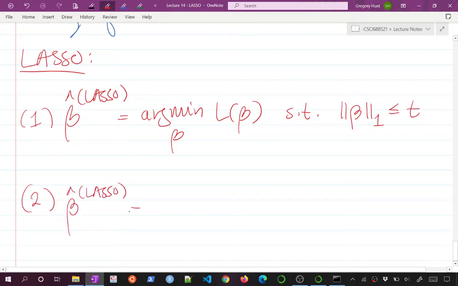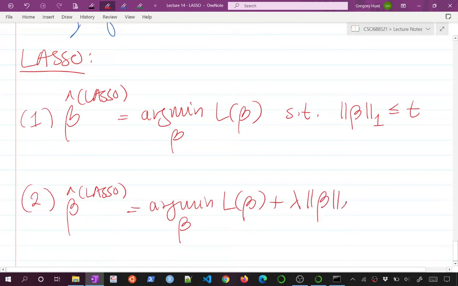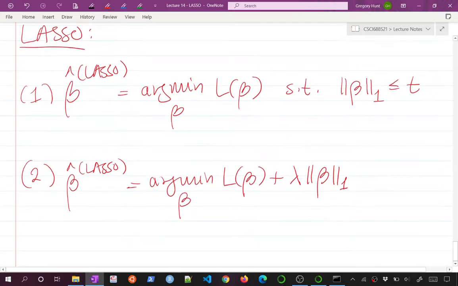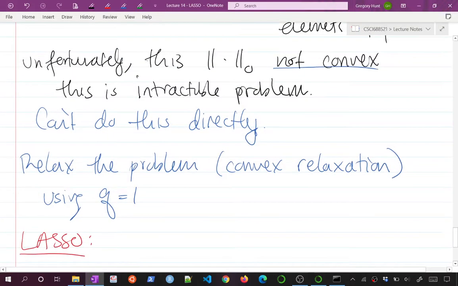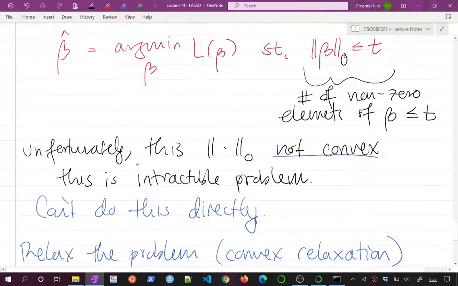You can alternatively, just like bridge regression, think of it as a penalization where it adds some lambda times that 1 norm. That's an alternative viewpoint. Either you're constraining the 1 norm or you're adding a penalty to push it away from when that 1 norm is large.